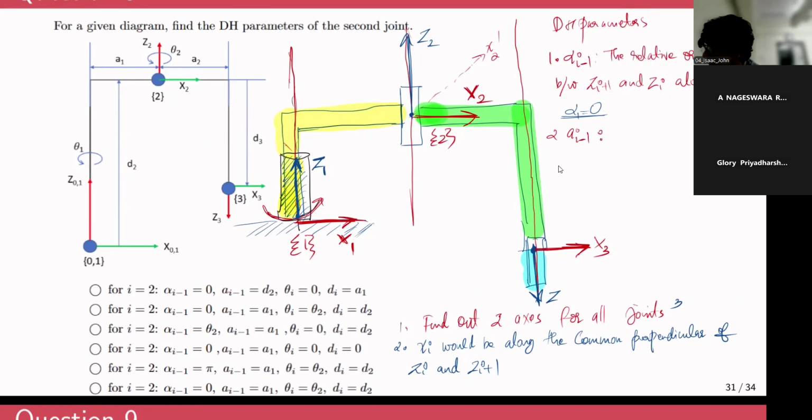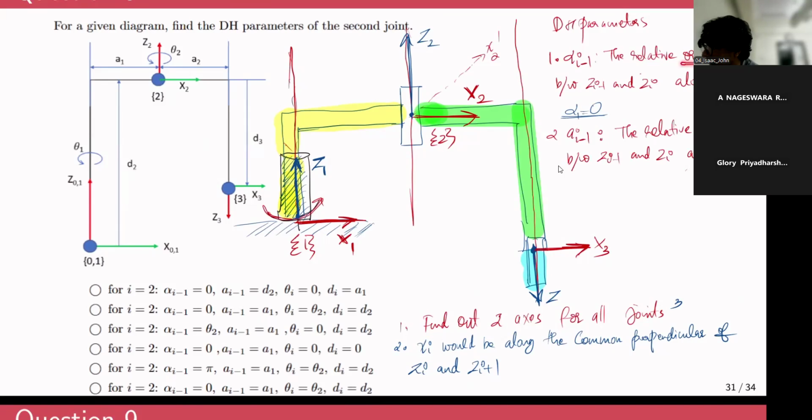This a i minus 1 would be the relative position between z i minus 1 and zi along xi.